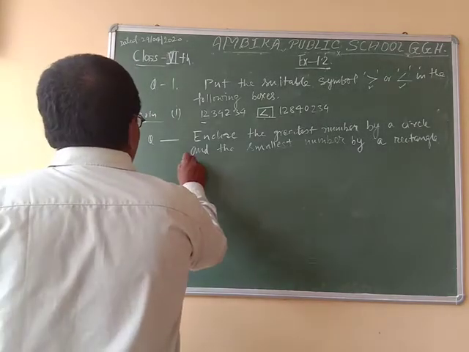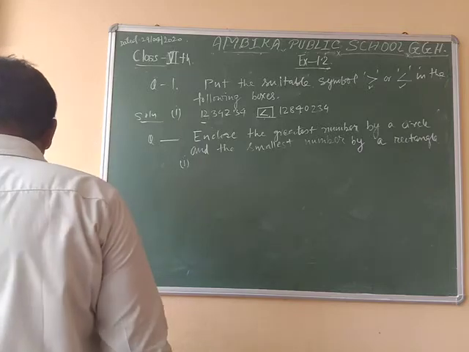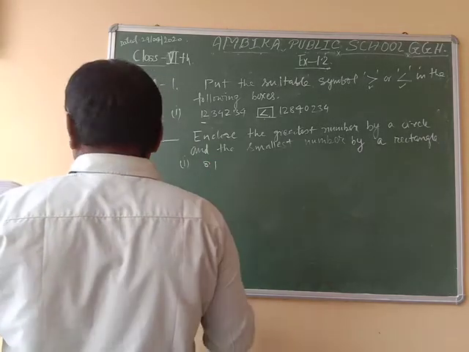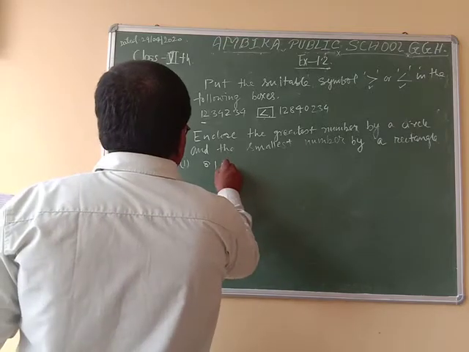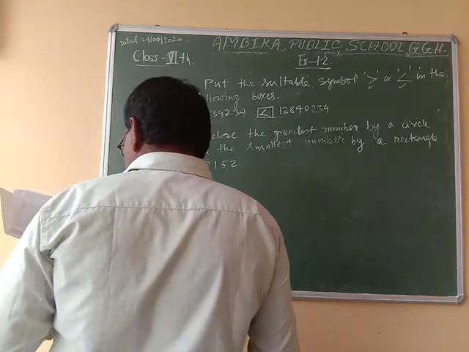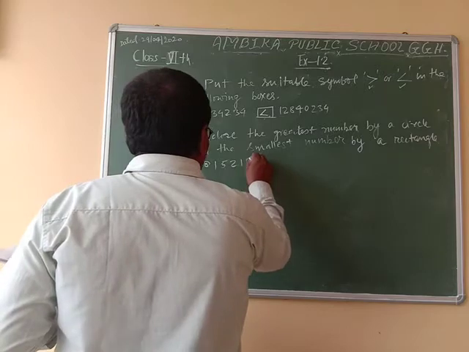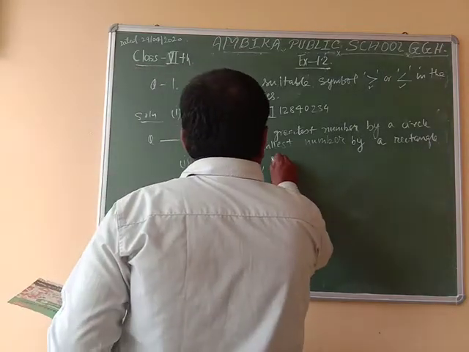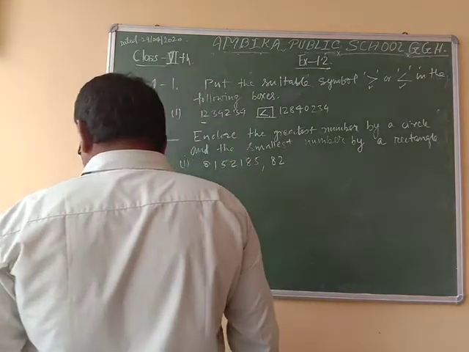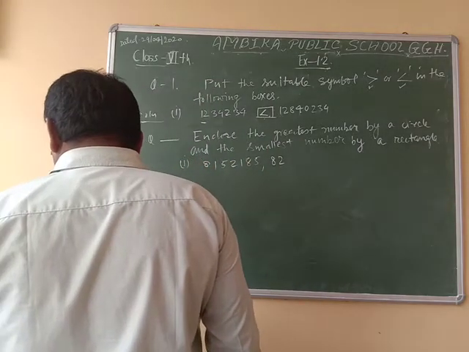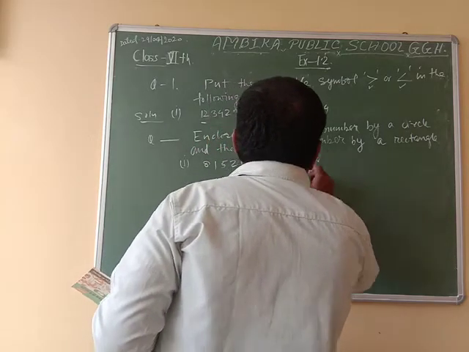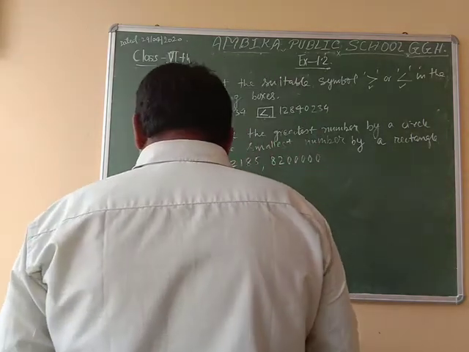The first number is 81,52,185. The second number is 8250.